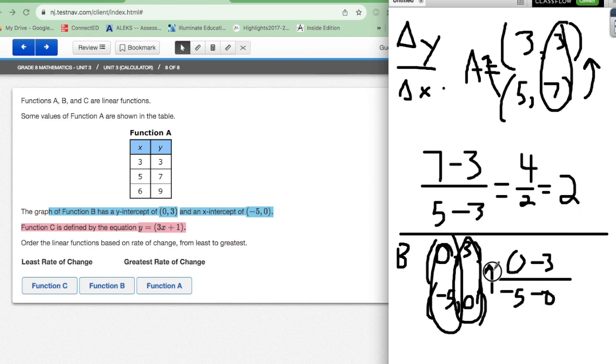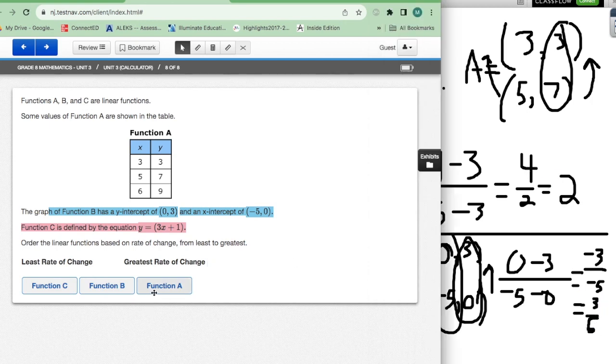Remember, I'm going the same way each time. So I have negative 3 over negative 5. And then I have to remember, negative negative makes positive. So 3 over 5. So right now I know that A is going to be greater than B. So if I move these around, A is greater than B.